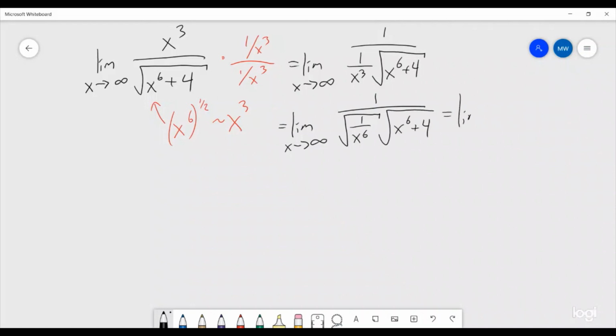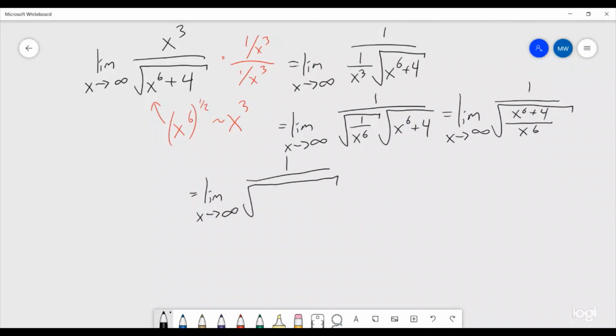That's the limit of 1 over the square root of (x to the 6th plus 4) over x to the 6th. So that's going to be the limit as x goes to infinity of 1 over the square root of 1 plus 4 over x to the 6th, and this is going to be equal to 1.